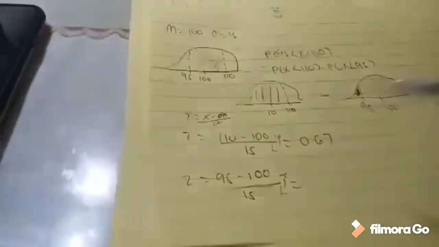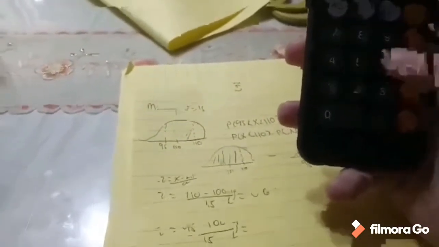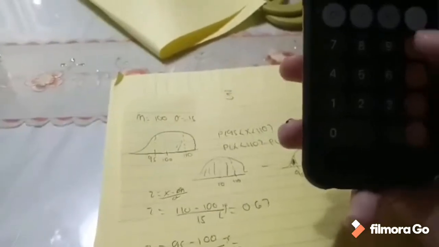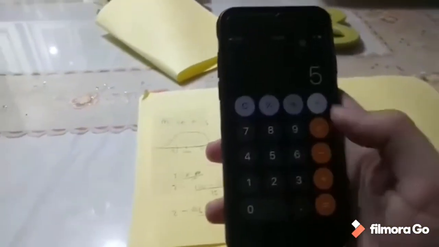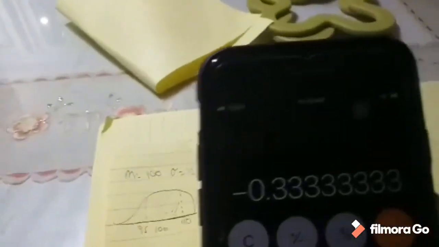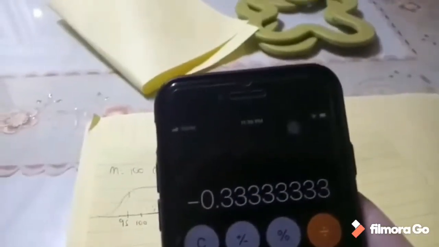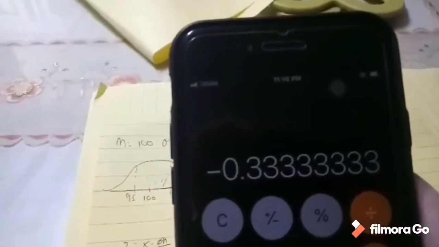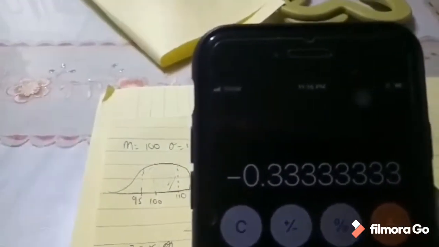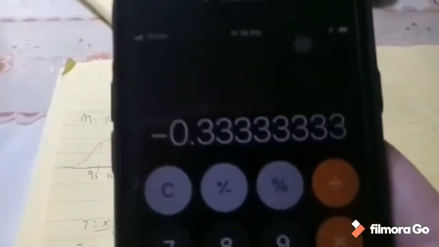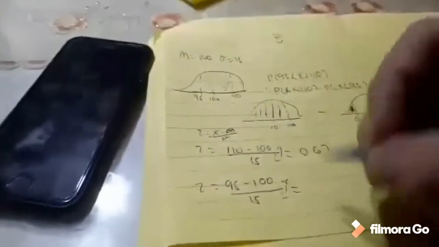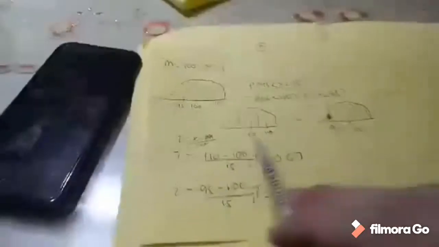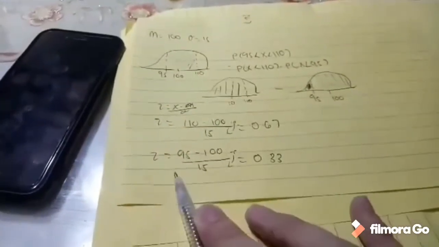Negative 5 divided by 15, again using a calculator, is equal to negative 0.333. We're going to round that to negative 0.33, because the digit in the third decimal place is 3, so it doesn't round up. So 0.33 is our z score. The z score for 110 is 0.67, and for 95 it is negative 0.33.